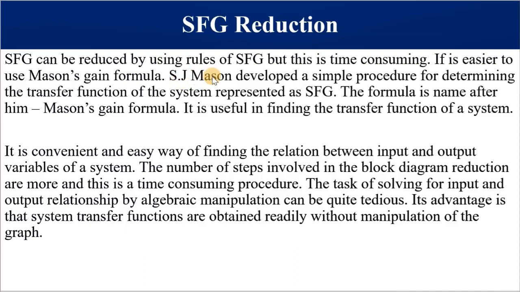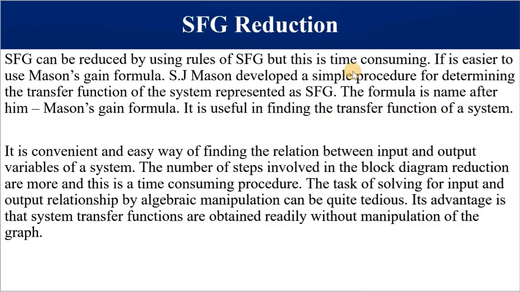S.J. Mason developed a simple procedure for determining the transfer function of a system represented as a signal flow graph, and this procedure was named after him, Mason's gain formula. It is useful in finding the transfer function of a system.